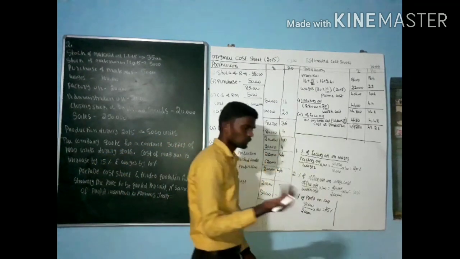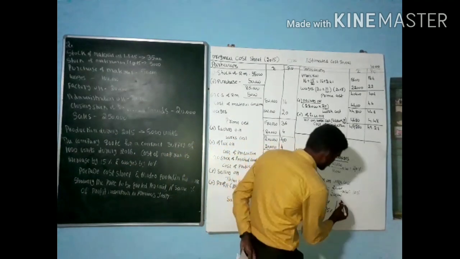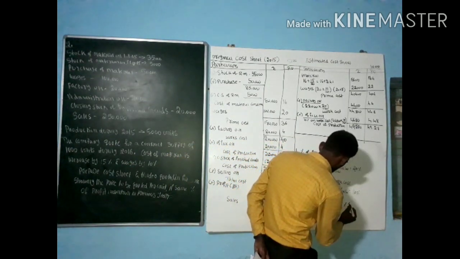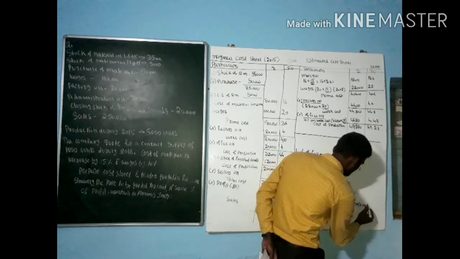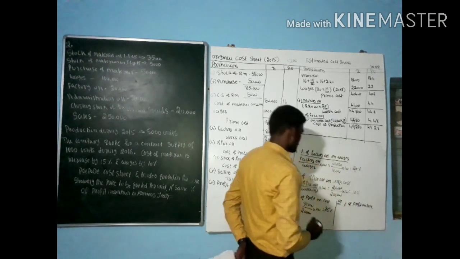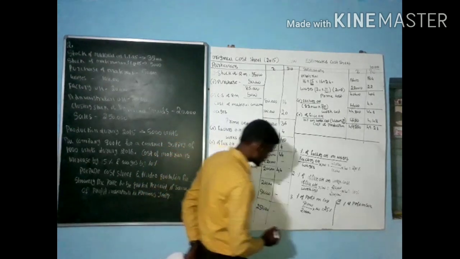Next one, we can go for percentage of profit on sales also. Let's see. On sale, how much is profit here? Profit is 50,000, sales 2 lakh 50.